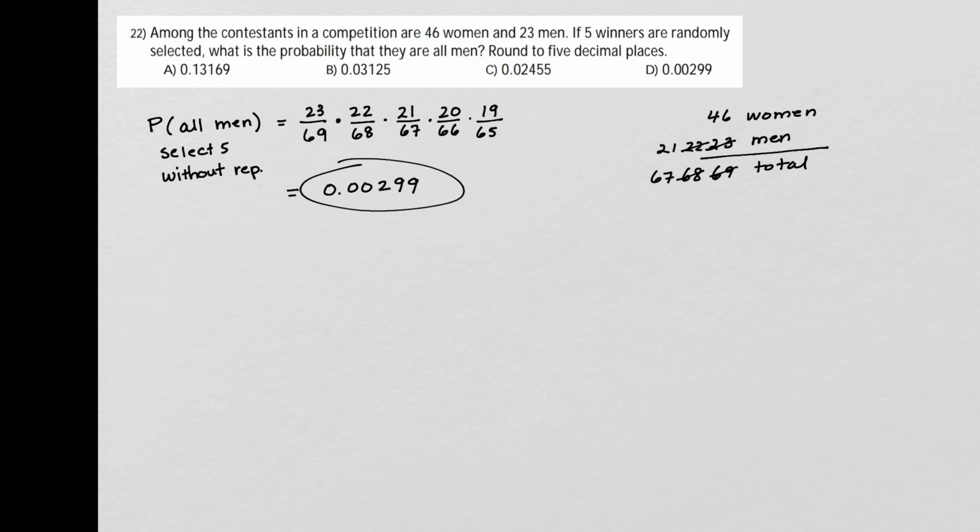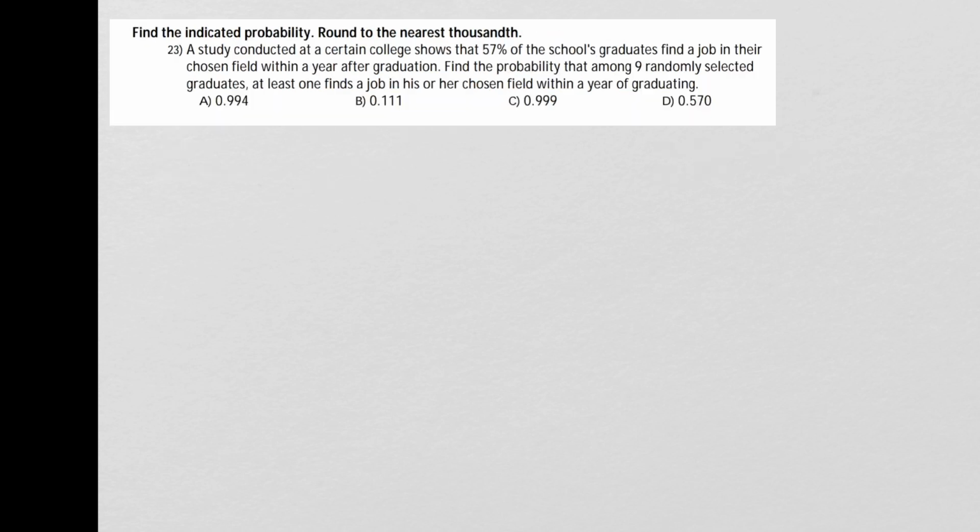Let's take a look at question number 23. Here we have a study conducted at a certain college shows that 57% of the school's graduates find a job in their chosen field within a year after graduation. Okay, so the probability of finding a job is 57% or 0.57.